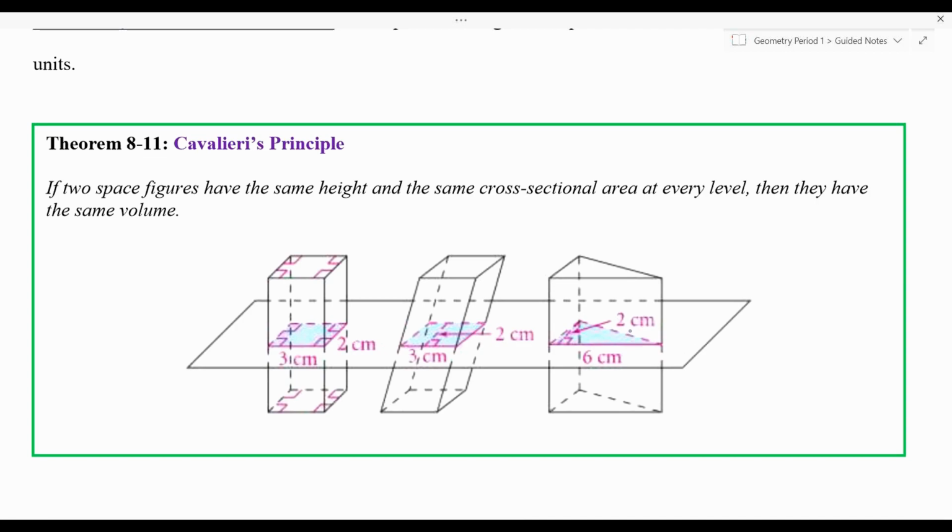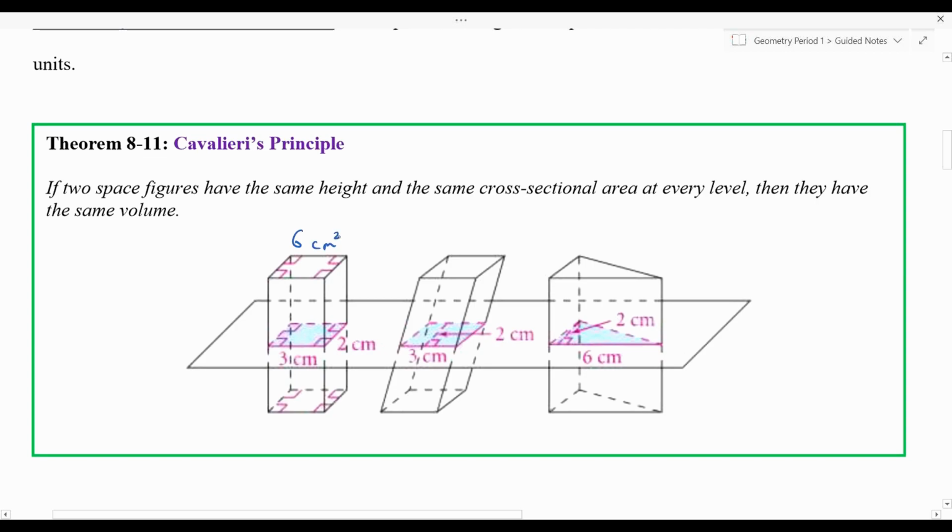Let's take a look. On our far left prism, the cross-sectional area is 3 centimeters by 2 centimeters, and no matter what layer we select, it's going to be 3 centimeters by 2 centimeters. So the cross-sectional area is 3 times 2, which is 6 centimeters squared.